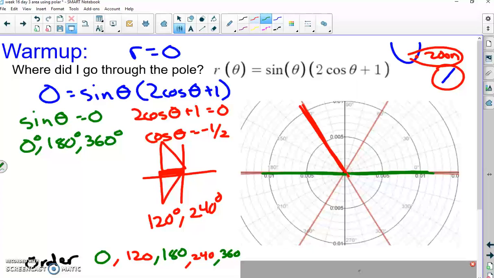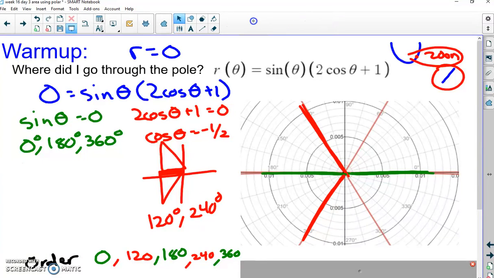And then I have one at 240. And then I have one at 360. Now, the two lines that you might go, wait a second, what else does it look like I have? 60 and 300. Let me color this purple.